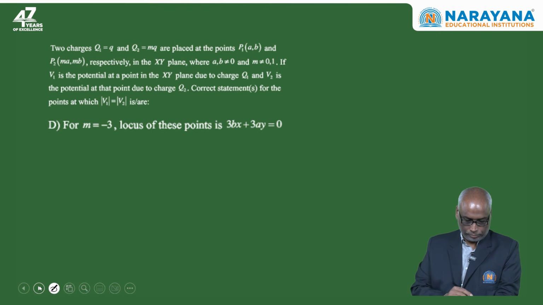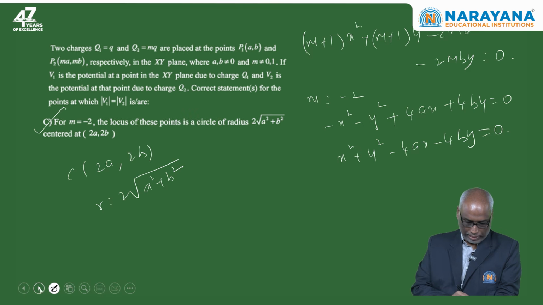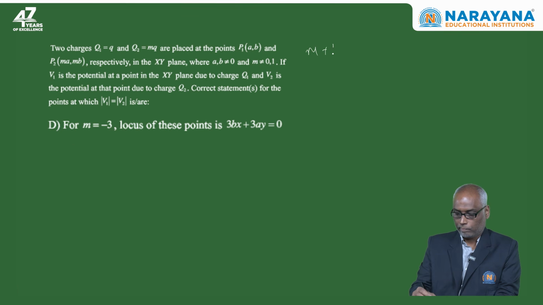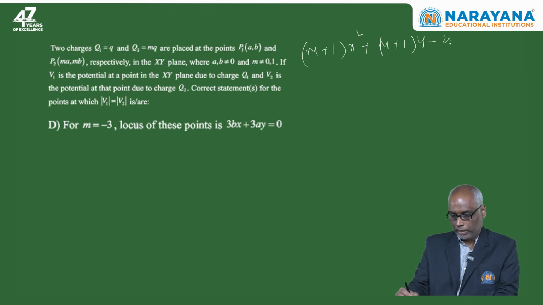Option D, m is equal to minus 3. So, again I will write the general equation, m plus 1 into x square plus m plus 1 into y square minus 2m ax minus 2m by is equal to 0. M is taken as minus 3.